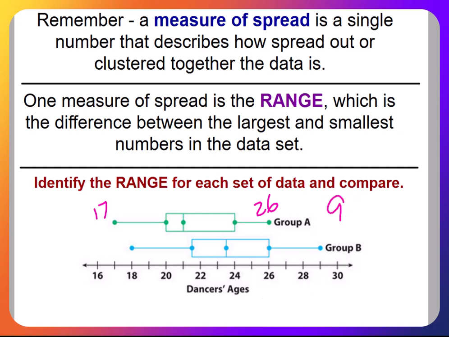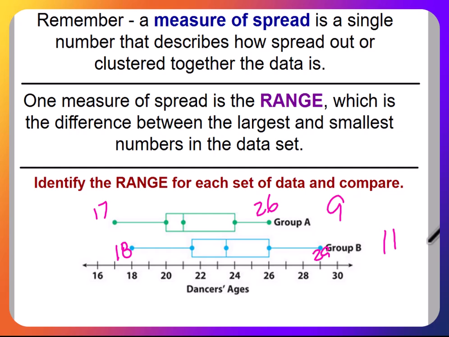That's the range for group A. Do the same thing for group B. The low is at 18, the high is at 29, and 29 minus 18 is going to be 11. So one has a range of 9, one has a range of 11. Which one has a larger range? Which one is more spread out? Which one has more elbow room? It's going to be group B because it has a range of 11 versus a range of 9, which is what group A has. That's all the range is telling us.